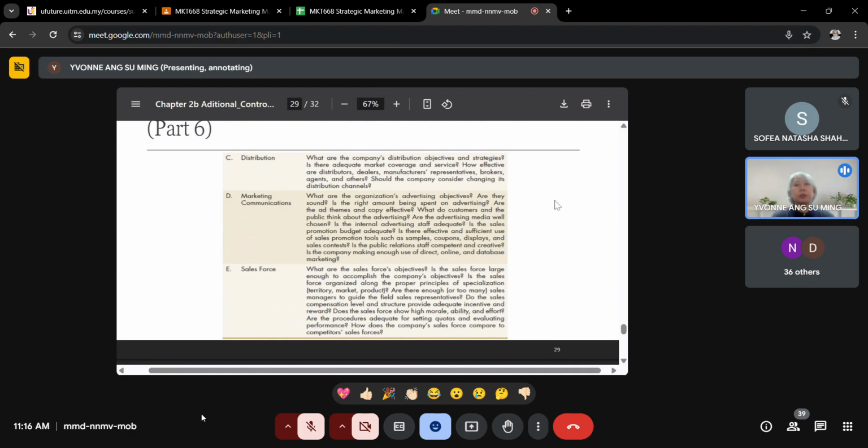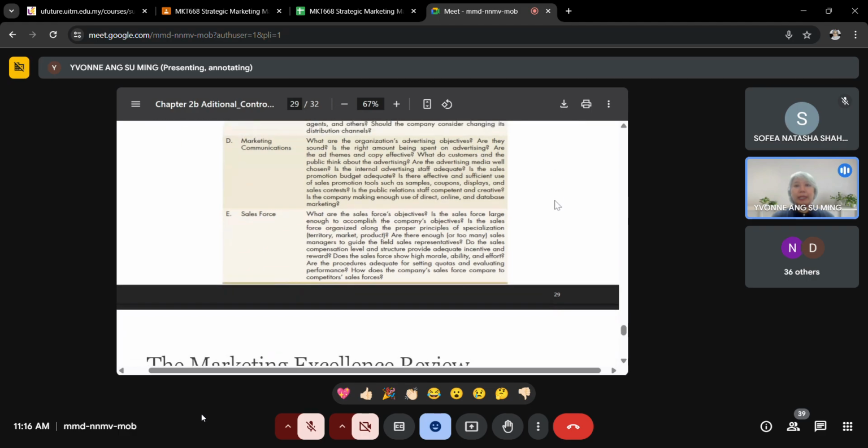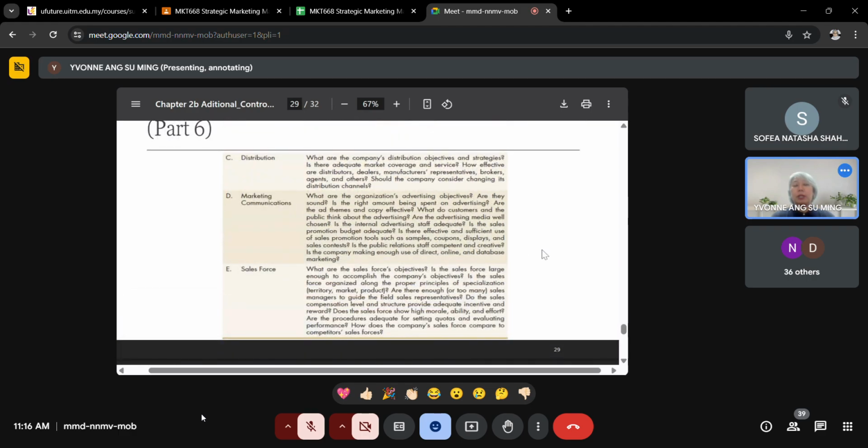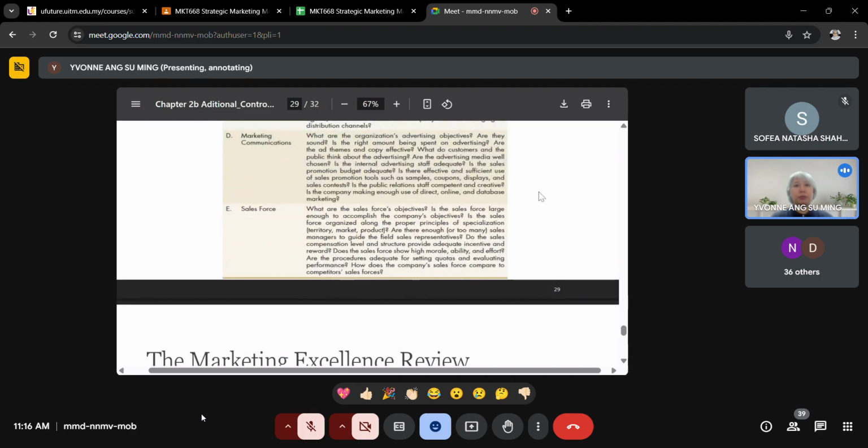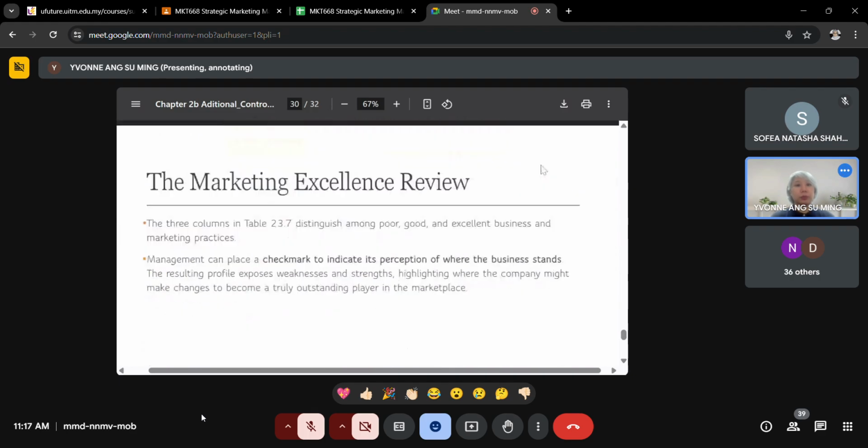So indirectly, you can also see that audit exercise mungkin is not the cheapest exercise ever, because it takes up a lot of their staff's time. They might also have to hire outside auditors, or they have their own internal auditors that they have to task to work, right? So those are all expenditure, time is all expenditure, so they have to decide carefully what they want to do.